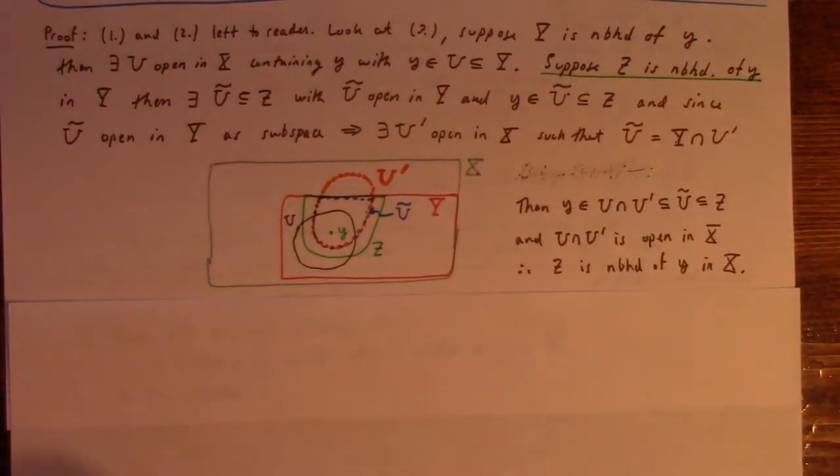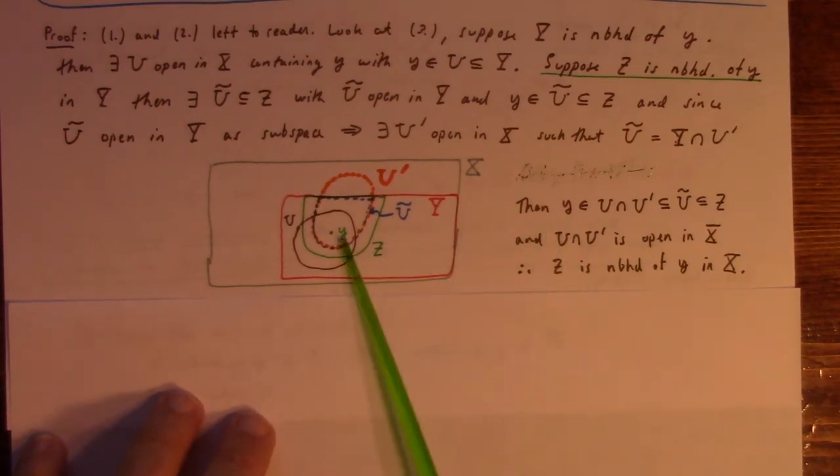There we go. Anyway, then little y is an element of U intersect U prime.